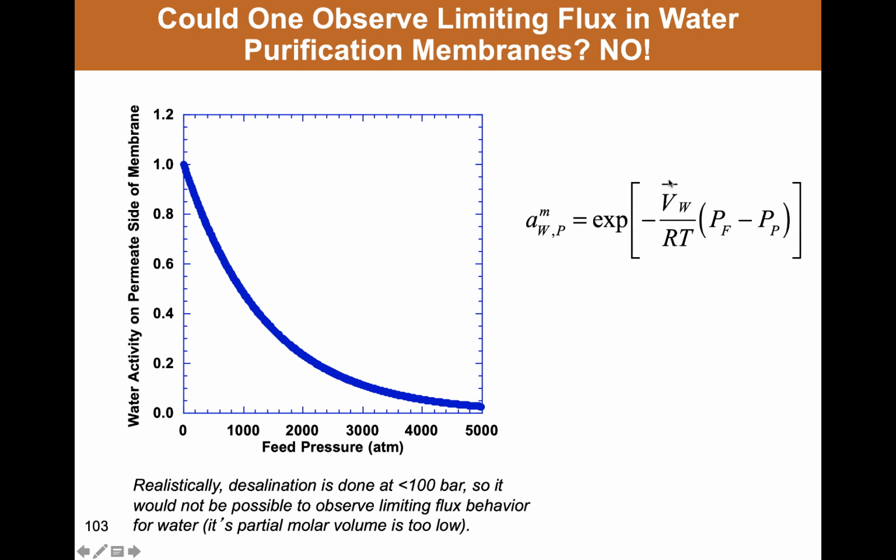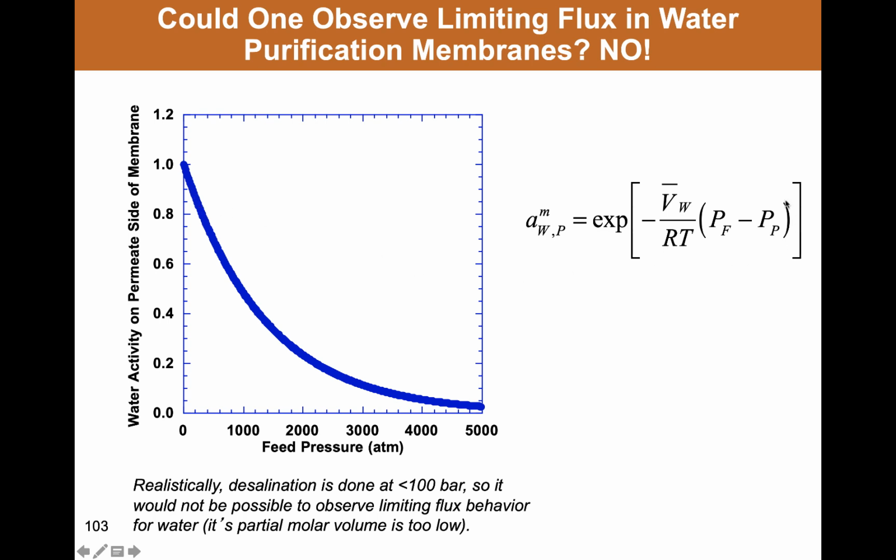You do see it in the organics when you have much larger partial molar volumes, and since desalination is done at less than about 100 bar, look at the shape of this curve. The water activity is essentially decreasing linearly here in the beginning part of this curve.